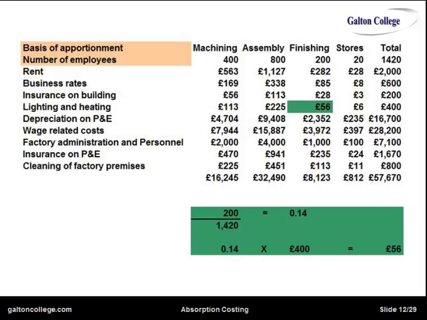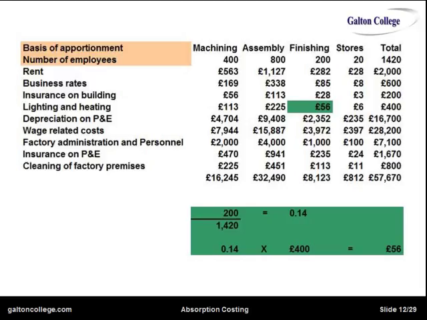So I've just taken one out, and we'll say here is a business, and it has rent, business rates, insurance on building, and so on. Now, the number of employees. Let's say the number of employees is the basis for the apportionment.